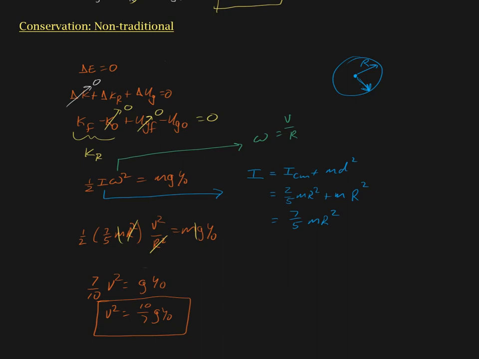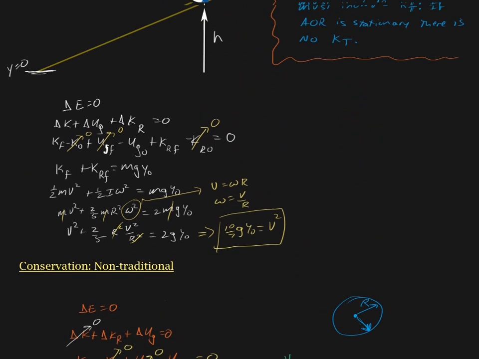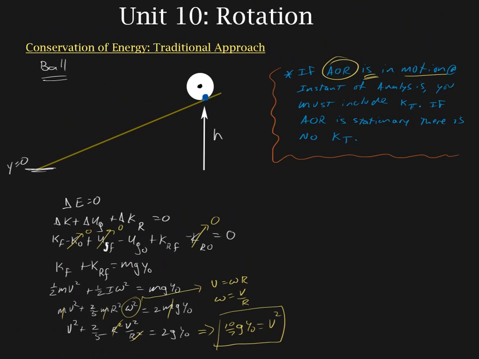So what we're going to do in this video is look at using forces as our starting point, and then we're going to show that v squared is equal to 10/7 gy initial, or gh, the height through which the ball is going to roll.